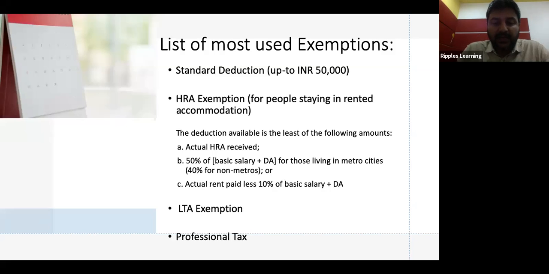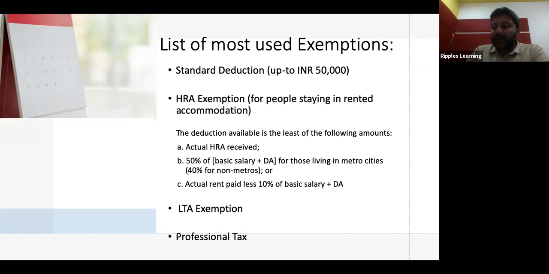Per annum, we are talking about 1,92,000 rupees as HRA. Under condition A, it would be 1,92,000 because that's the actual HRA you have received. In condition B, it would be 40% of basic, which again remains 1,92,000. And in condition C, which is actual rent paid.